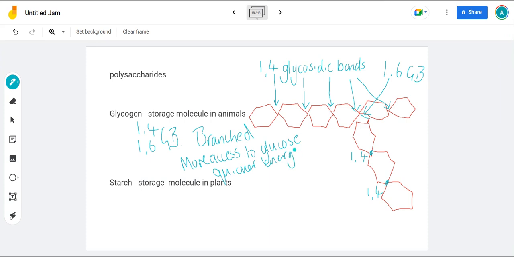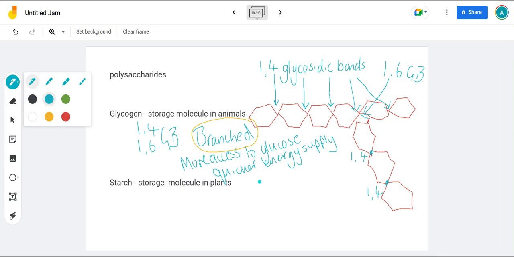Because obviously glucose molecules are respired, which releases ATP molecules, which is our energy. Quicker energy supply. Okay, the next thing about glycogen, so we've got that it's branched. That's kind of our key thing. That's what that picture's showing. That's what our bonds that we need to quote are. That's what our explanation there is kind of saying the benefits of.